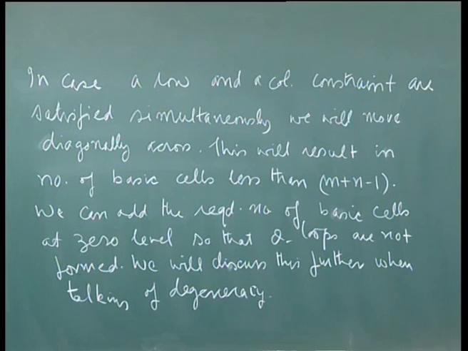In the northwest corner rule, actually what we do is we still move either horizontally or vertically and add a basic cell at 0 level, because both the row and the column constraints are satisfied. So, we will just move across horizontally or vertically and put a 0 in a basic cell, so that the number of basic cells remains at m plus n minus 1. We will discuss this further when we are talking of degeneracy.